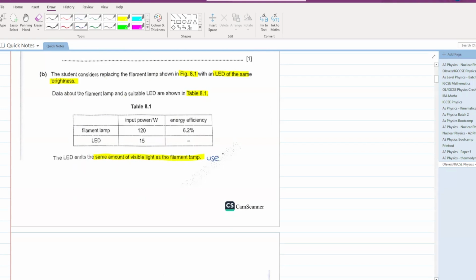That the useful power output for the LED will be equal to the useful power output for the filament lamp. Both of them will have the same useful power output.